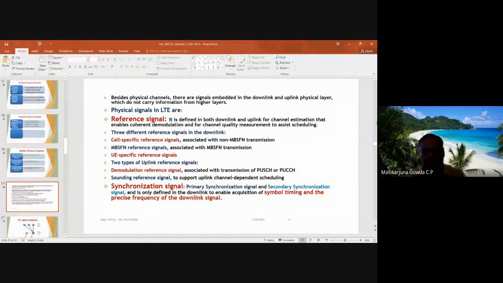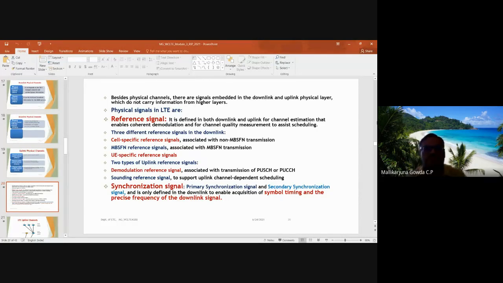Hope you are able to understand what I am saying. So these are the physical signals in LTE. The first one is the reference signal, defined in both uplink and downlink for channel estimation. That channel estimation enables the coherent demodulation and channel quality measurement to assist the scheduling.